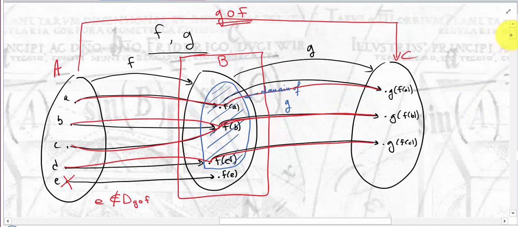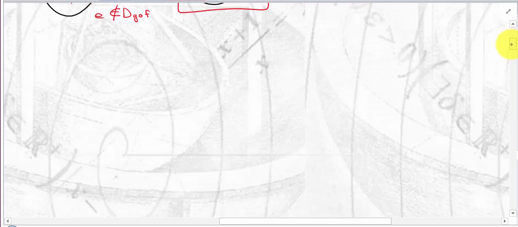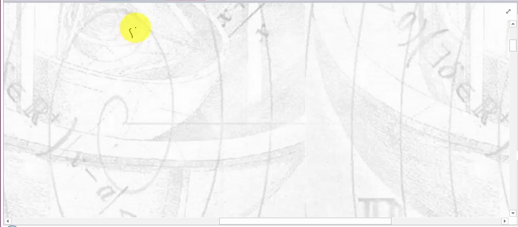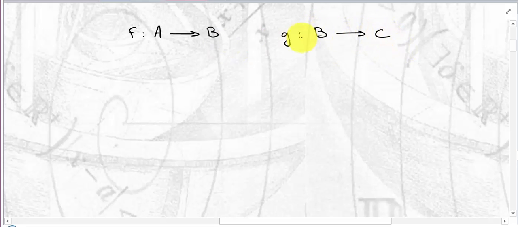So another way of presenting this is with the function notation to say that f is a function from A to B. You remember this way of presenting a function. g is going to be a function, let's say, from B to C. If we have this, then we can define a third function that is called g of f. So you've got to be careful because you're going to first start with f.